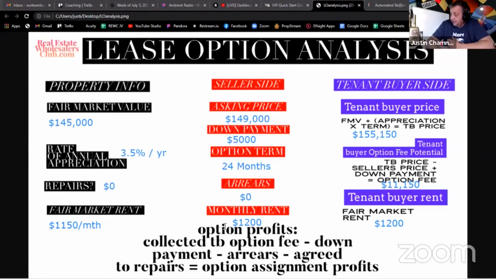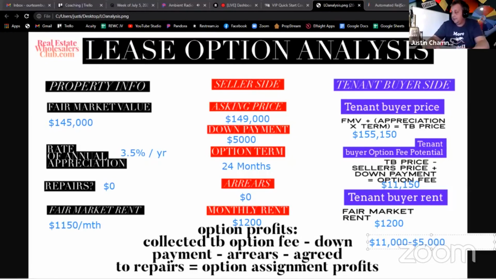So let's figure up our option profits here. We just did a few times, but let's do it one more time for solidarity. Collected tenant buyer option fee. Let's assume we found a tenant buyer that had $11,000 down. We're going to subtract our required down payment we have to give the homeowner.